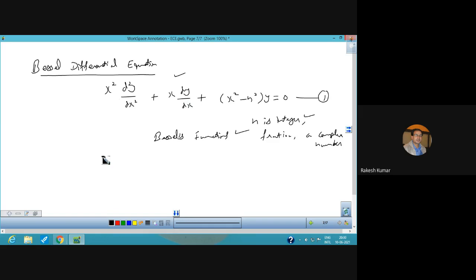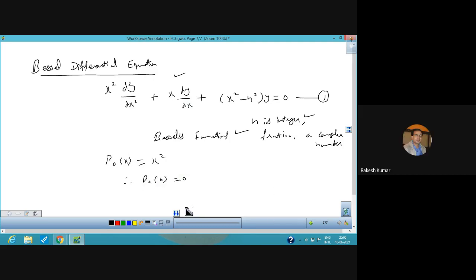So if we compare this equation with the general equation, as we know, we have done the equations solution in series. So P naught x comes out to be x square. So here, if we use x is equal to 0, you will get 0 here. So what does it mean? This is a regular singular point.